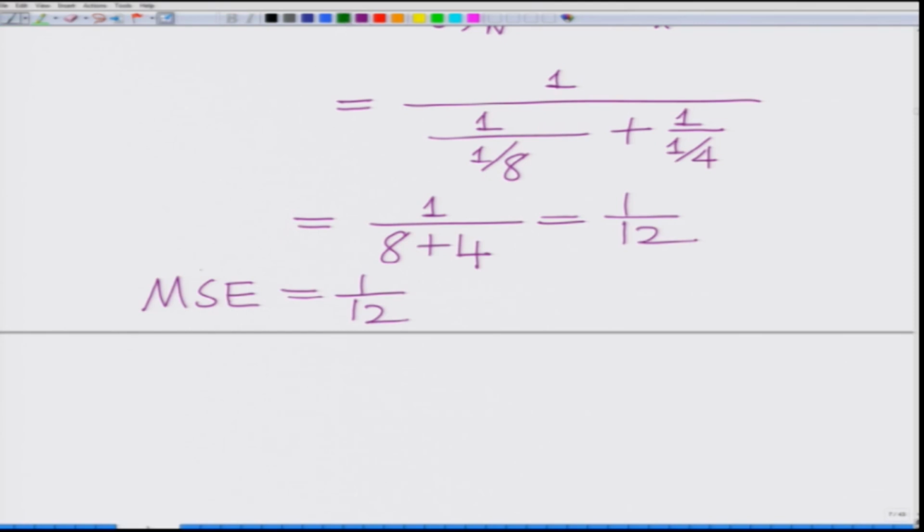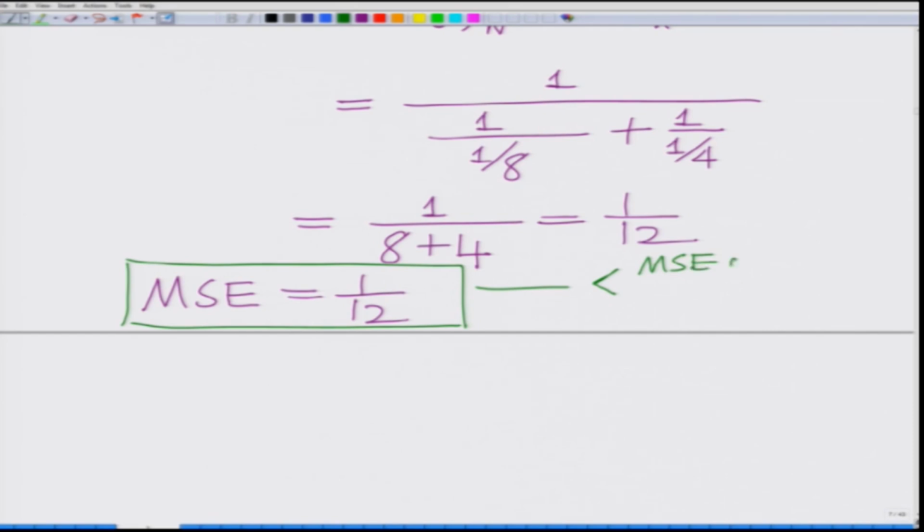Okay. So, this is what we observe, the net error of estimation, mean square error, and you can see clearly this is less than your MSE of ML, which is equal to 1 over 8, and this is also less than sigma h square, which is equal to 1 over 4.